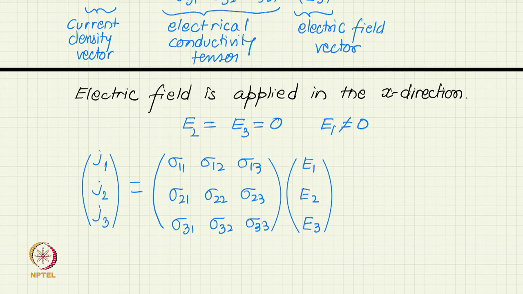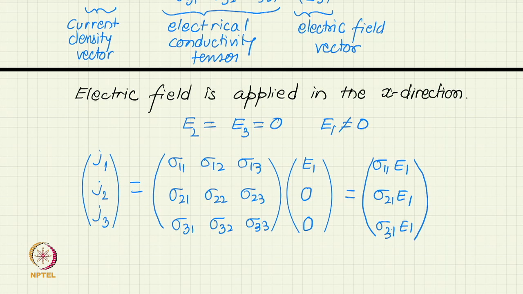Since E2 and E3 are 0, we can change them to 0, and then you will get sigma 1 1 E1, sigma 2 1 E1 and sigma 3 1 E1.